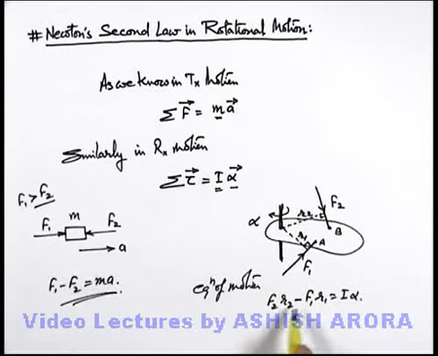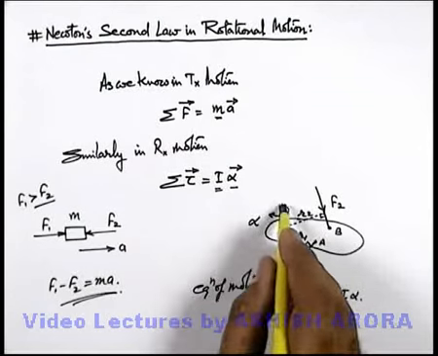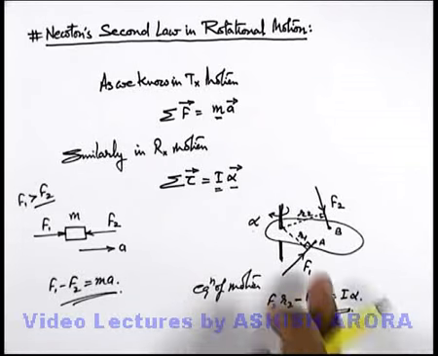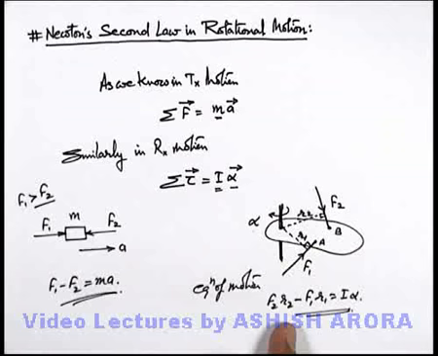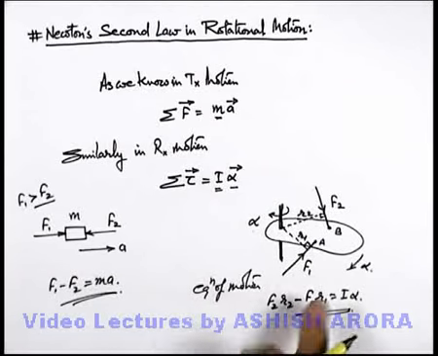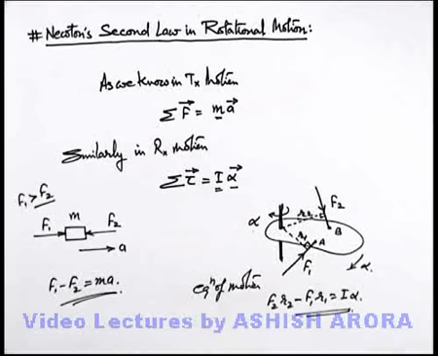F2 R2 minus F1 R1 is the net torque acting on the body along the direction of rotation, which can be written as the product of moment of inertia and angular acceleration. This is the way we use Newton's second law in case of rotational motion. In this situation, the body is rotating clockwise with an angular acceleration alpha.